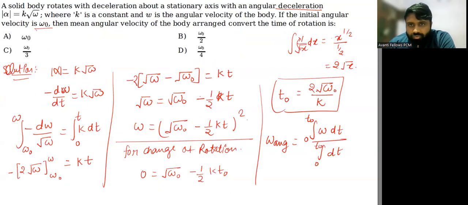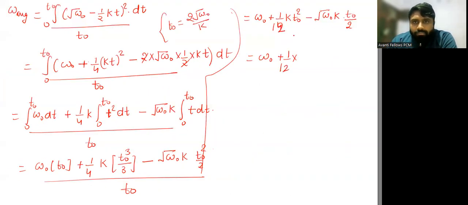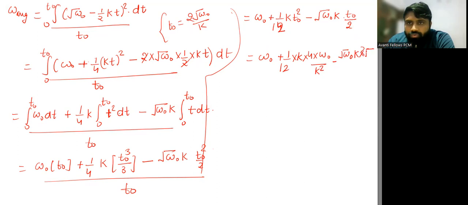Let me check. 2 root omega naught by k; putting the value, 2 root omega by k whole square will become 4 omega naught by k square, into minus, this is root omega k, t naught by 2, which will become 2 root omega naught by k.